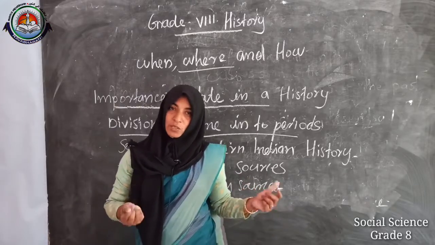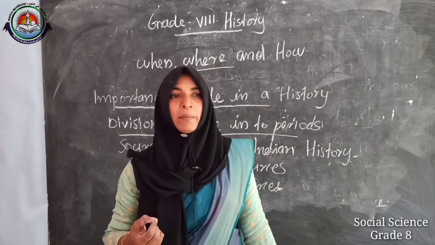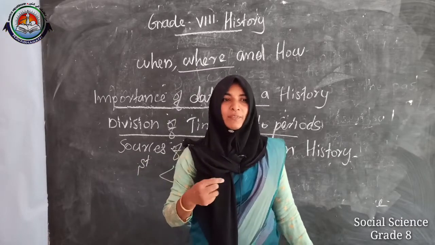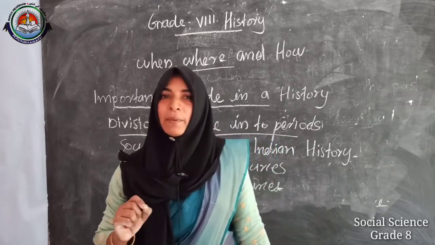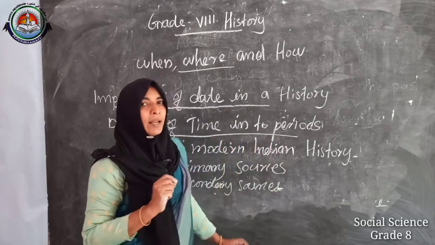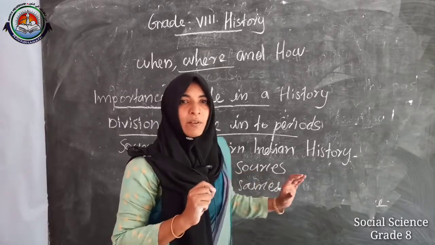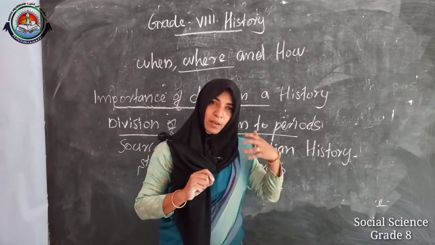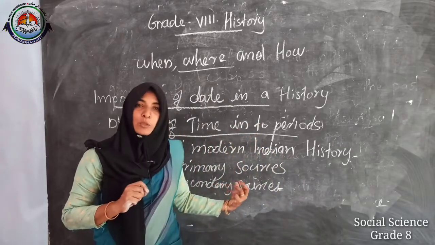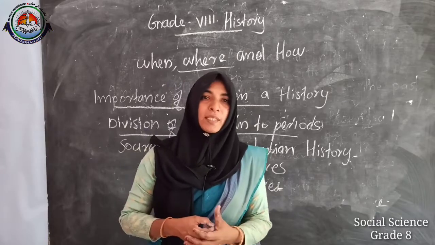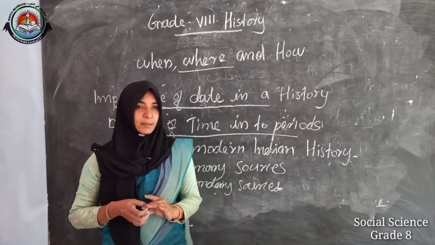In primary sources, the artifacts, coins, monuments and remains of everything which were left by our ancestors are considered primary sources of Indian history. And what do secondary sources mean? Literary things, which are orally transmitted, and newspapers, magazines, poems, such things are considered secondary sources.